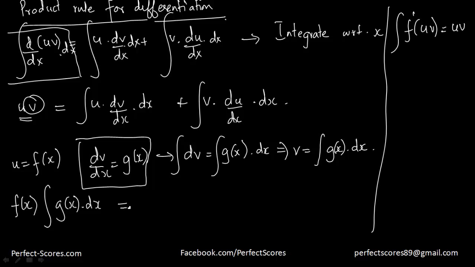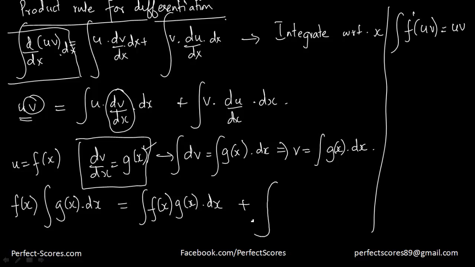Now that is equal to the integration of u. What is u here? U is f of x, and dv over dx is g of x dot dx, plus the integration of v.